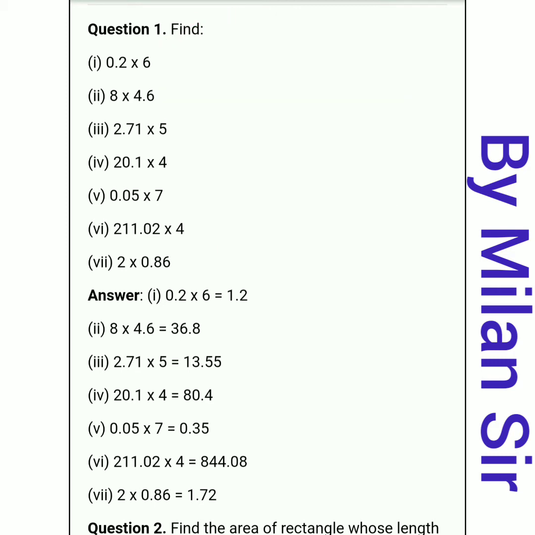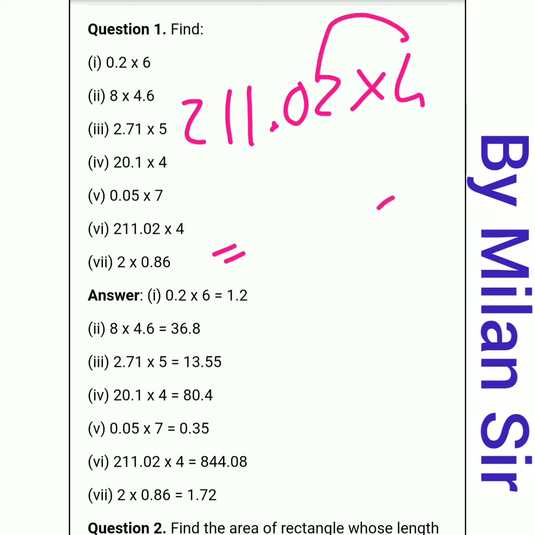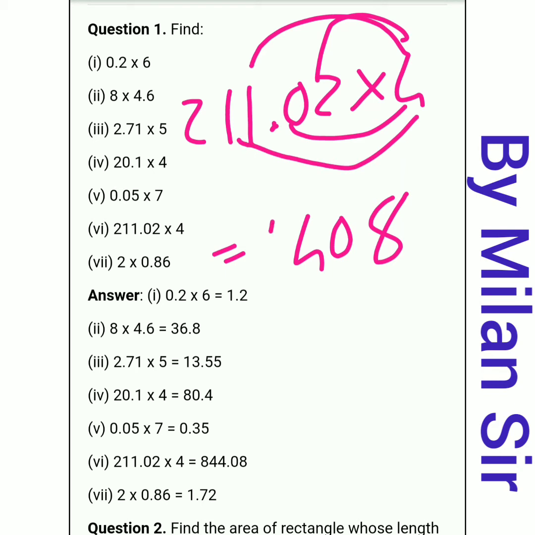Then question number 6, 211.02 multiply 4. So ignore the decimal point and write down the answer. So 4 multiply 2, 4 twos are 8, then 4 multiply 0 is 0, then 4 multiply 1 is 4, 4 multiply this one is 4, and 4 twos are 8.